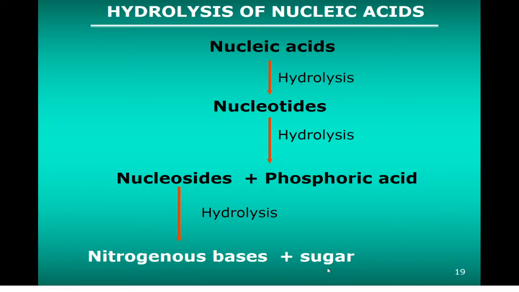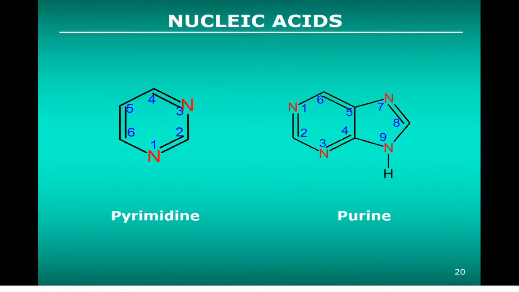Phosphoric acid, and I hope you remember what kind of nitrogenous bases there can be. In DNA and RNA, they are derivatives of pyrimidine and purine.